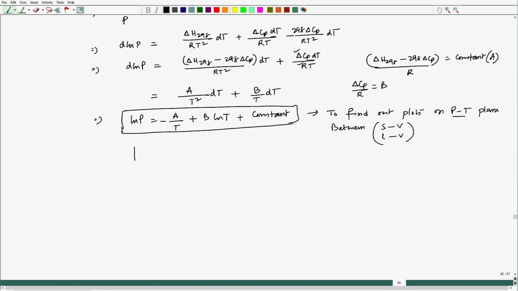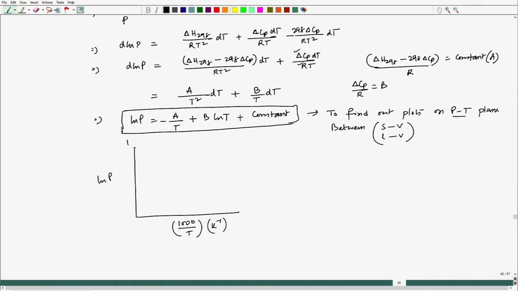So, we can plot ln P against this particular value, which is Kelvin minus 1, the inverse of the Kelvin scale.